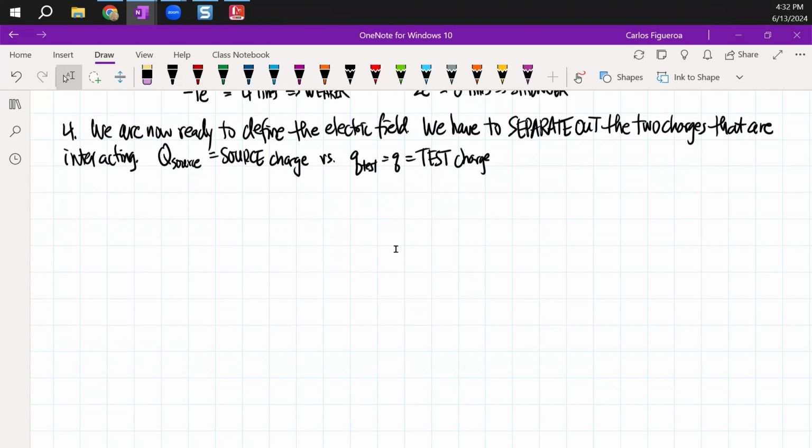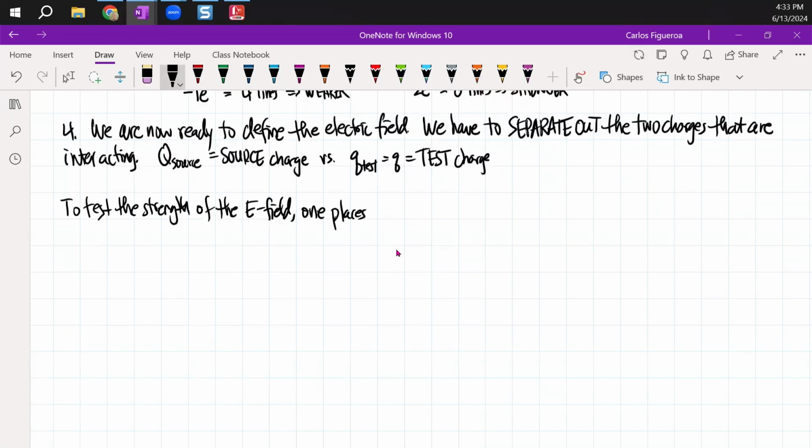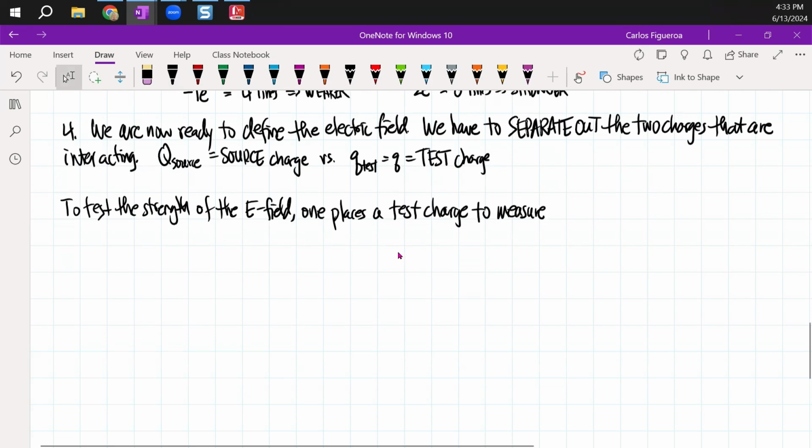So what I'm saying here is that to test the strength of the electric field, one places a test charge to measure the force applied to it.